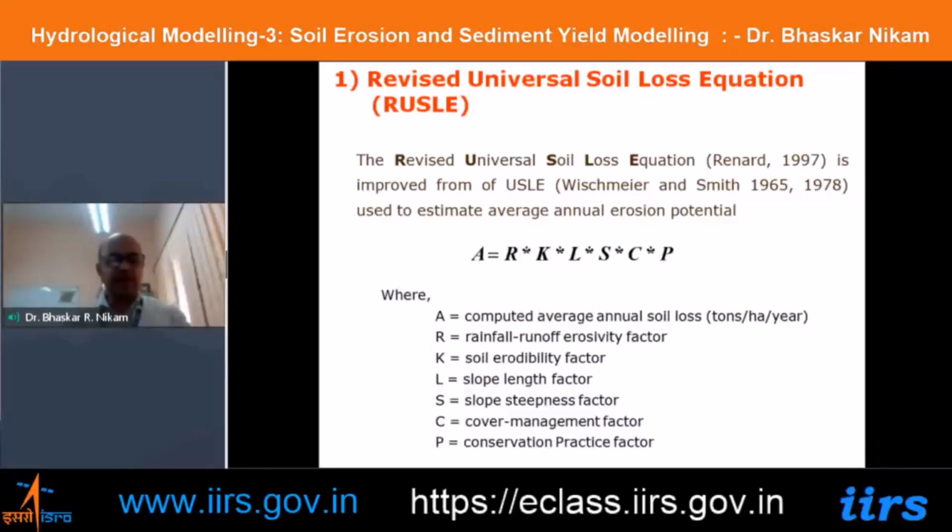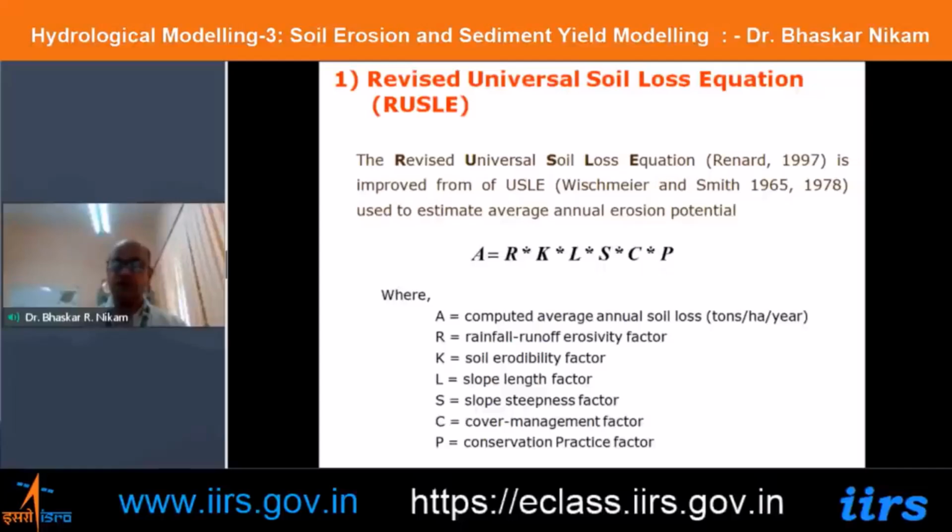L and S basically represent the combined effect of terrain, the topography, on the rate of soil erosion. The C, which we call the cover management factor, represents the effect of the vegetative cover, or what kind of cover exists on the surface, on the erosion rate. And the last factor, P, represents the effect of conservation practices applied in the watershed or the area on the erosion rate.